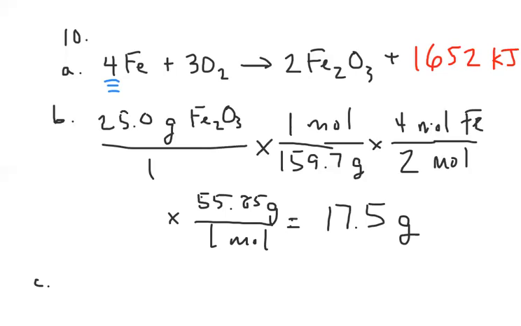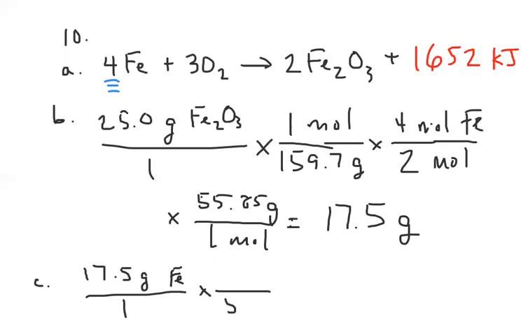So I'm going to start with 17.5 grams of iron. And the reason here, I mean, you could start with the 25.0 grams of Fe2O3. You would just have to do a little extra step because the 413 kilojoules of heat is with respect to just iron.